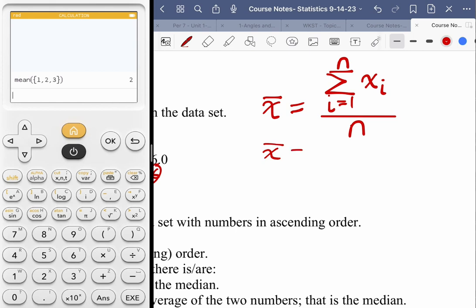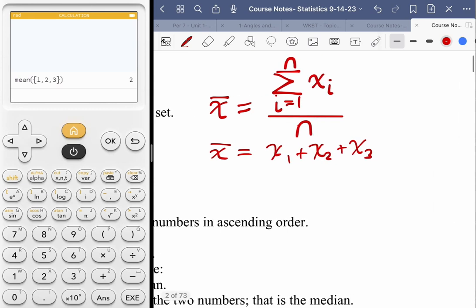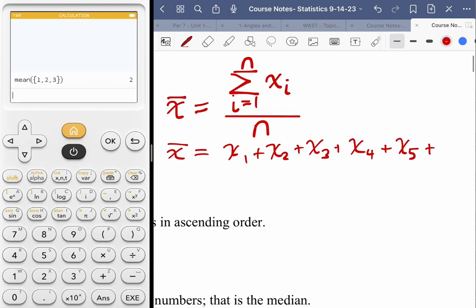X bar is equal to, we would take the sum of x sub 1, x sub 2, x sub 3, 4, 5, and 6. Right.